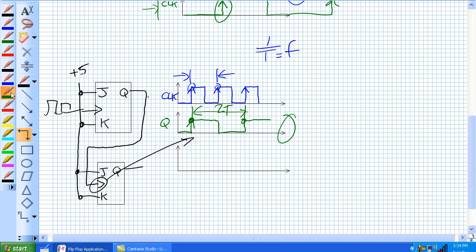Let's again assume that it was in reset, and in reset it's 0. Here's its rising edge, and it's in toggle mode, so it switches to 1, and it stays at 1 until the next positive edge, and it toggles back. And it goes on.